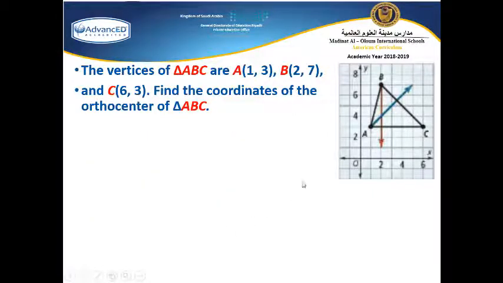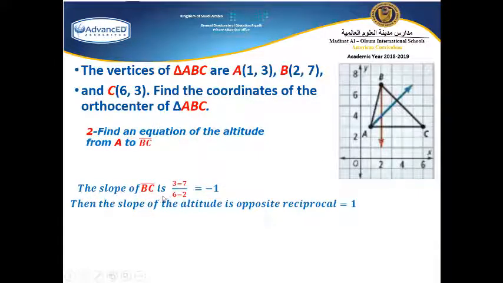Let's find the equation of the second altitude. We draw this altitude from the vertex A to the opposite side BC. First, let's find the slope of the side BC. The slope of BC is 3 minus 7 over 6 minus 2, which equals negative 1. Then the slope of the altitude is the opposite reciprocal, which equals 1.